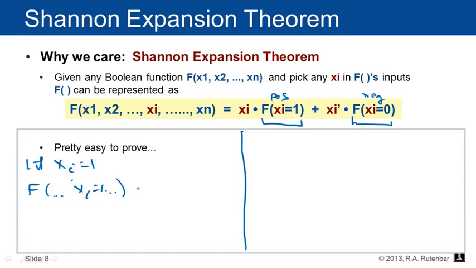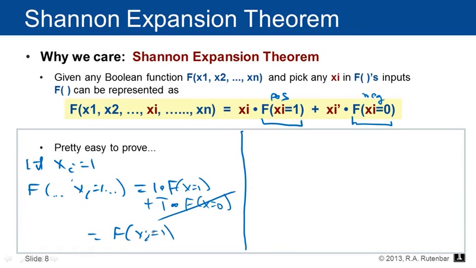And we're claiming that that's supposed to be 1 times the positive cofactor plus 1 bar, which is a 0, times the negative cofactor.